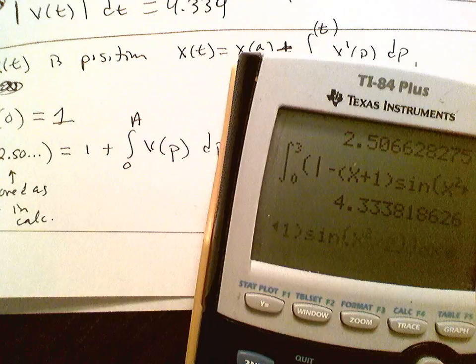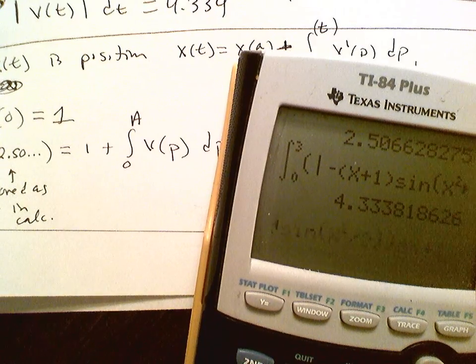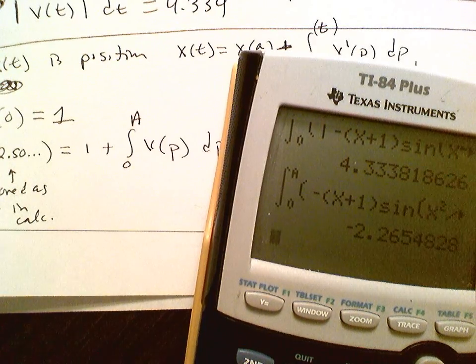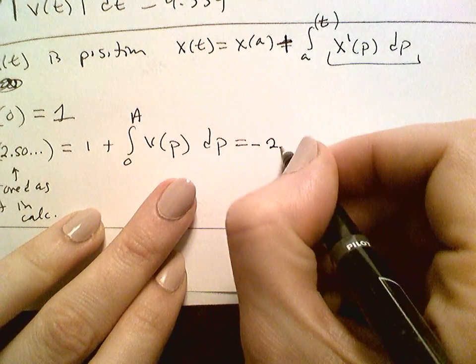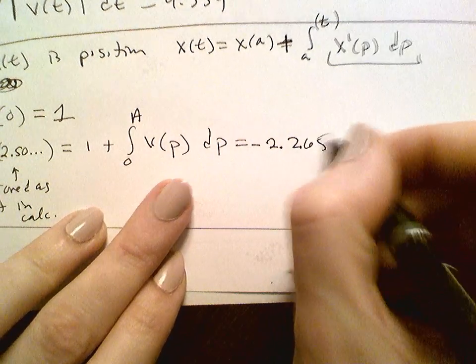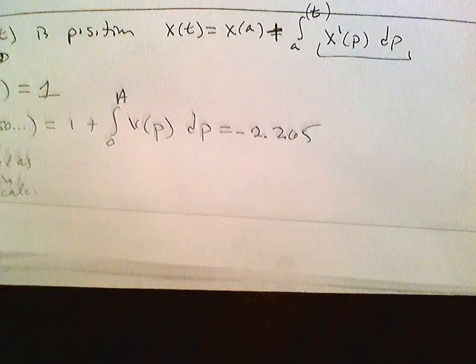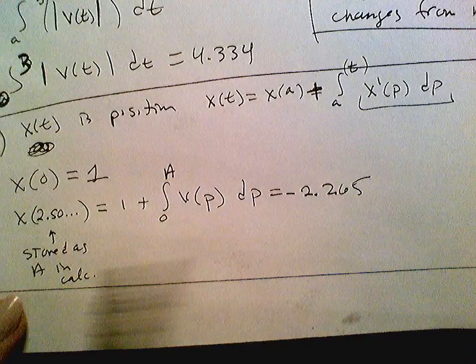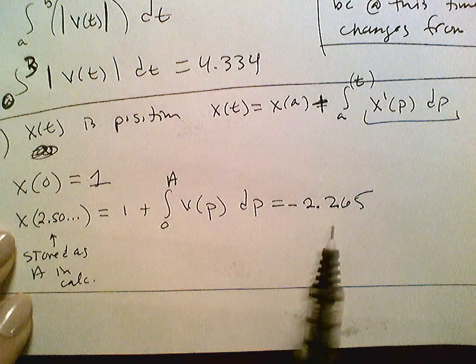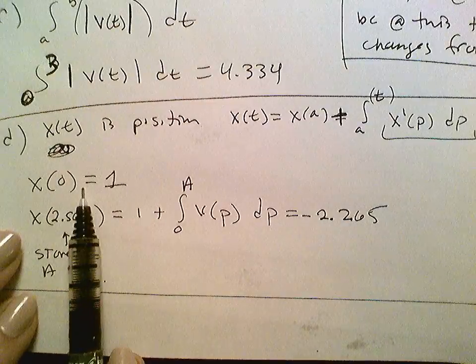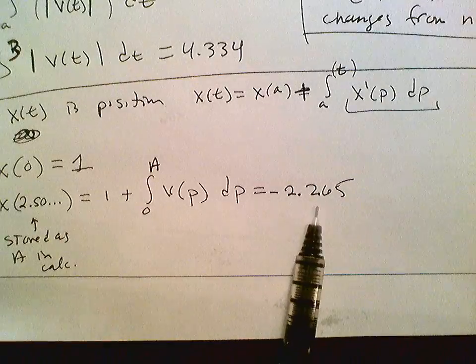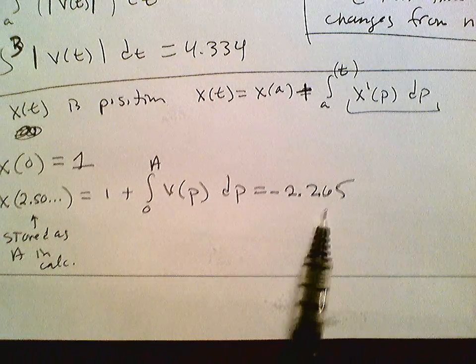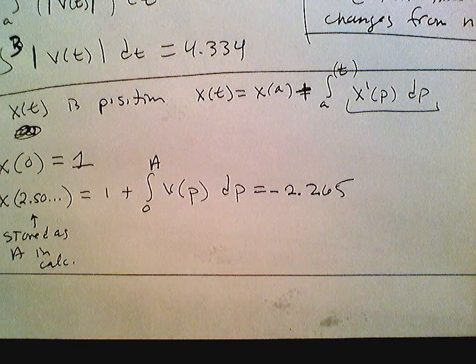I forgot to add 1, so I'm adding it at the end. And I got negative 2.265. So right now it's further from the origin than it was at the beginning. At the beginning it was only 1 unit from the origin. Now it is 2.265 units from the origin.